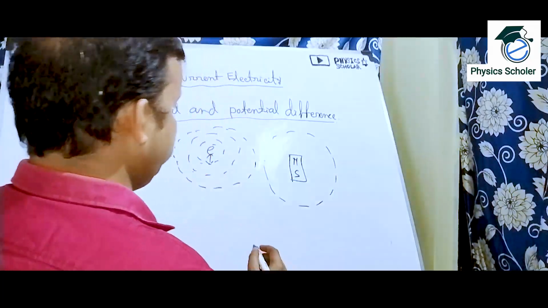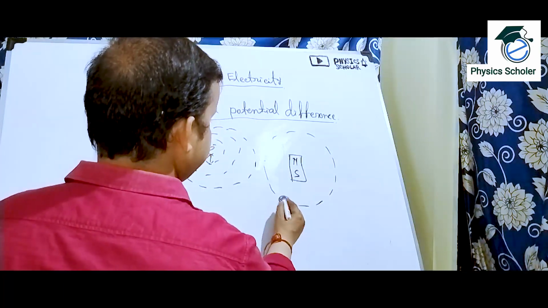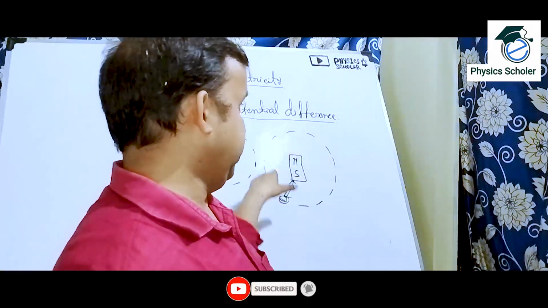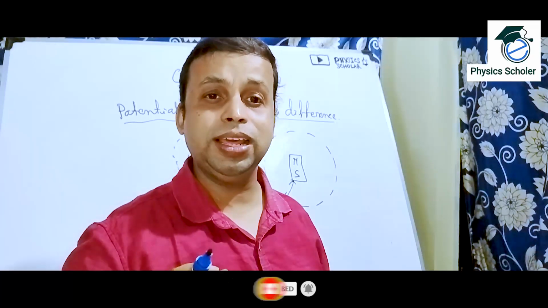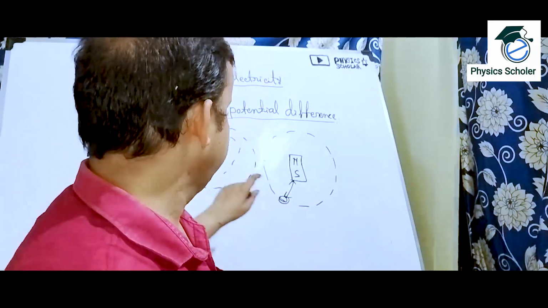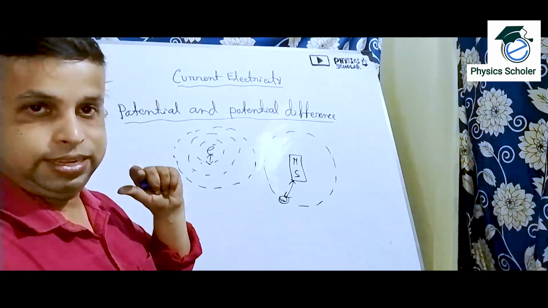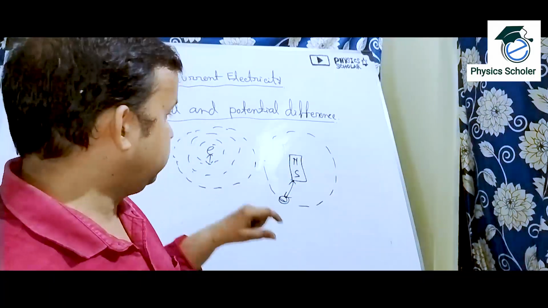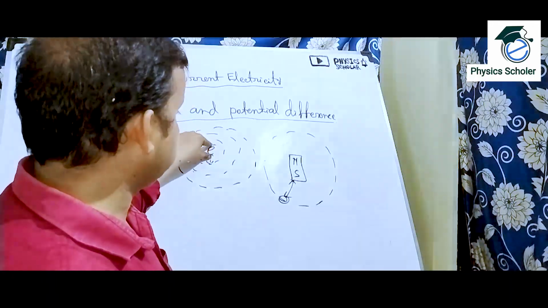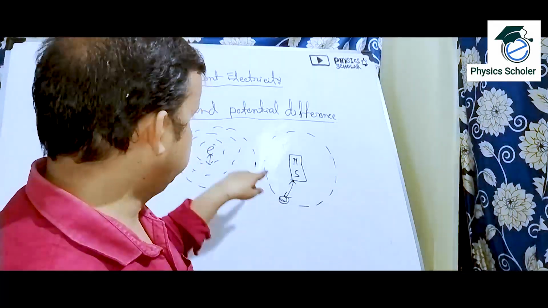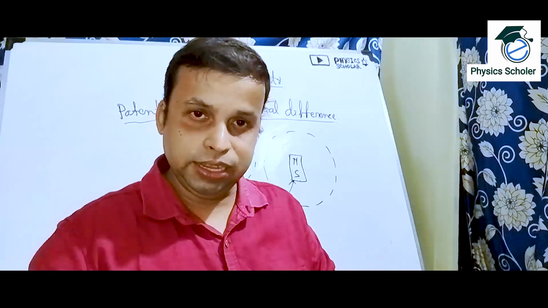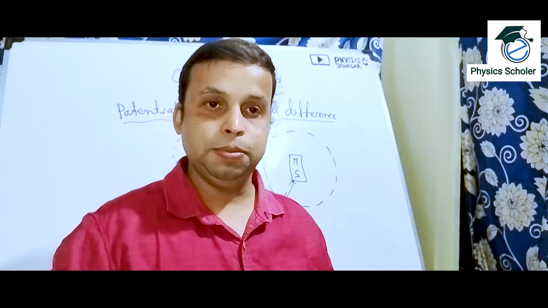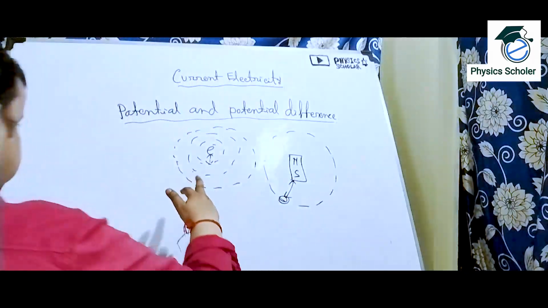That means if we bring any piece of magnetic material over here, it will be attracted by the magnet. That area is known as the magnetic field. And similarly for any charge particle, if we keep it, the surrounding area where the effect of the charge particle can be seen is known as the electric field for that charge particle.